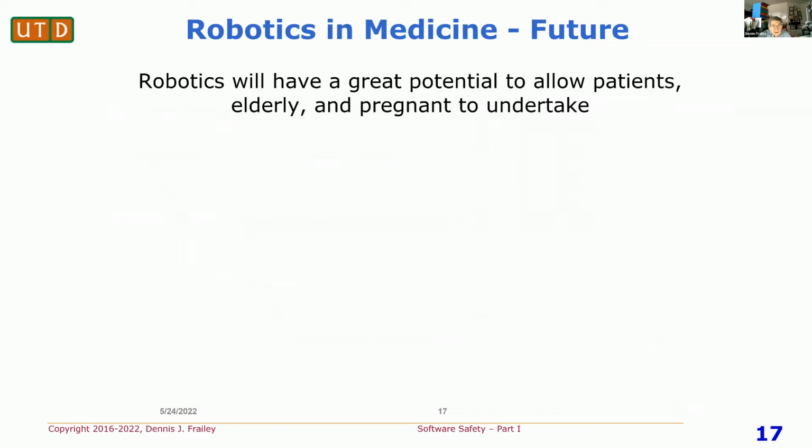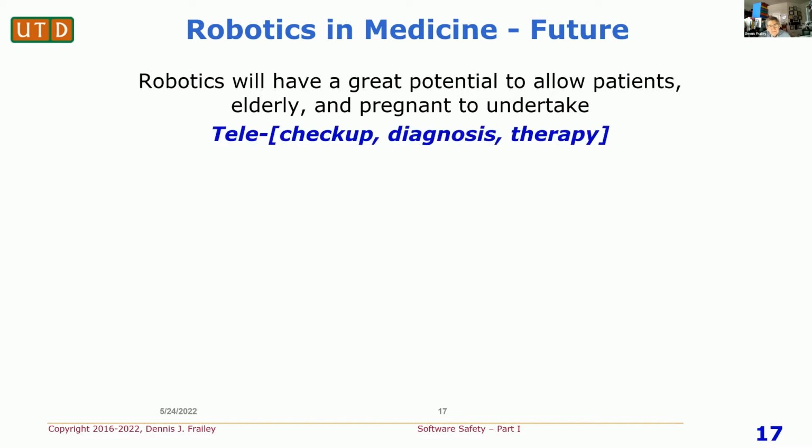Now, let's look at the future of computers and software in medicine. It's often presented as a robotics thing. Robots will do all these things. But in fact, it's software inside those robots that's really what matters.